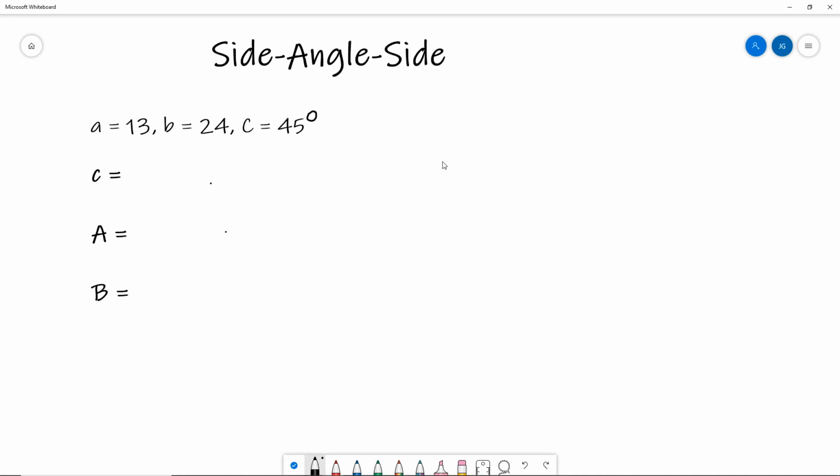So setting up the law of cosines, that means that C squared is going to be equal to A squared plus B squared minus 2 times AB times the cosine of C.